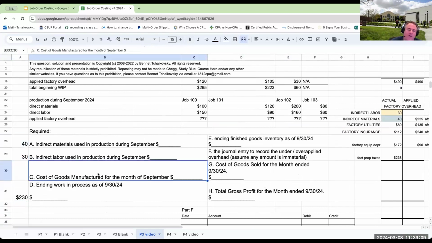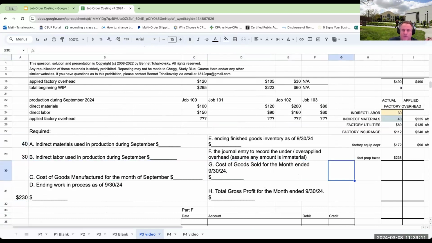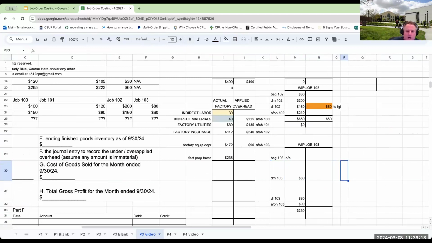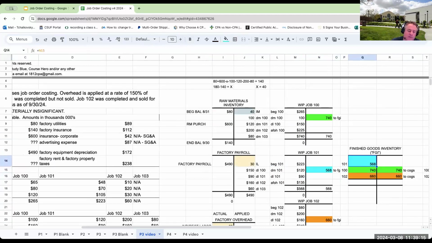Okay. Cost of goods manufactured. What does that represent? What cost of goods manufactured represents is the dollar amount I sent to finished goods inventory.